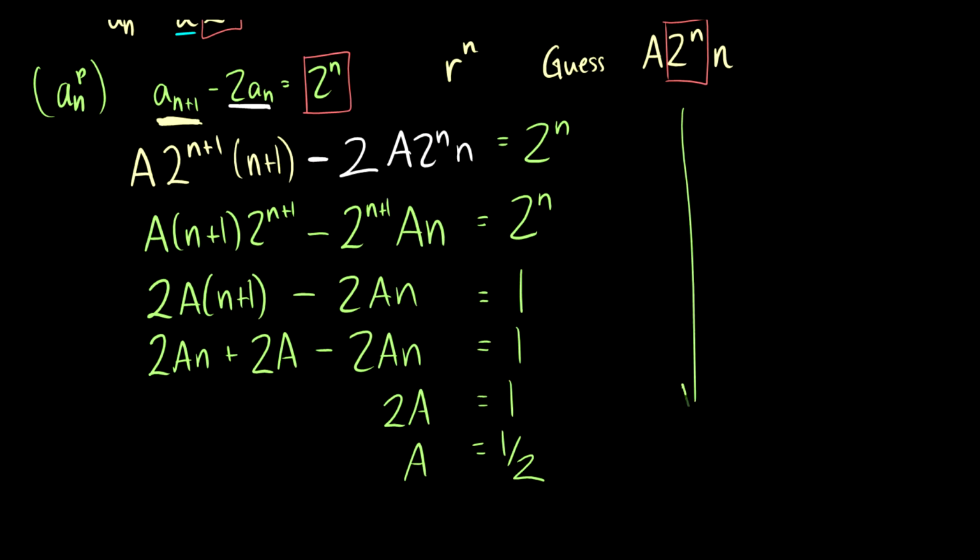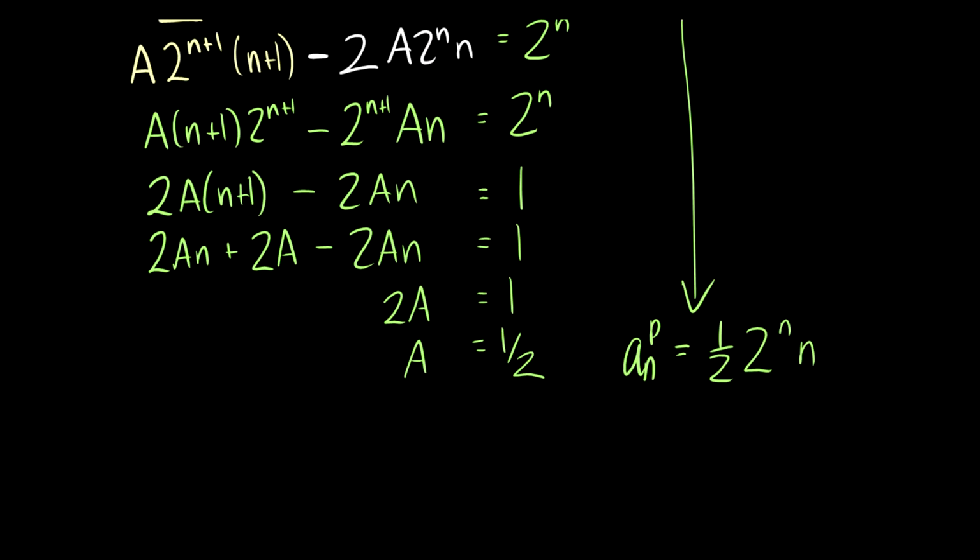So what we have here is that our particular solution is going to be 1/2 times 2 to the n times n. So again, we could simplify this and say this is just n times 2 to the n minus 1, because 2 to the n divided by 2 is just 2 to the n minus 1.